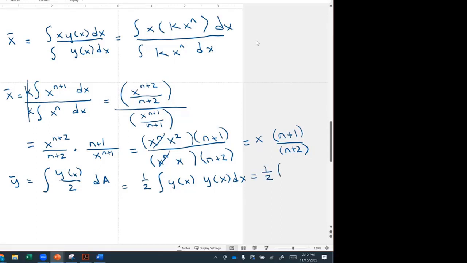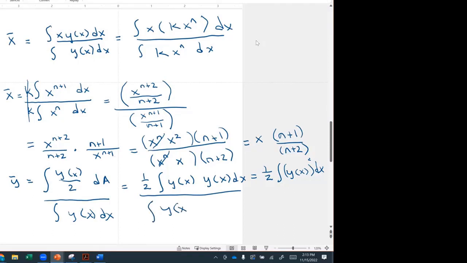I get 1/2 times the integral of y squared dx. That's my numerator. And then I'm going to divide, just like I did before, by the area. I just divide by the integral of y of x dx. I have my x bar, I don't have my y bar.